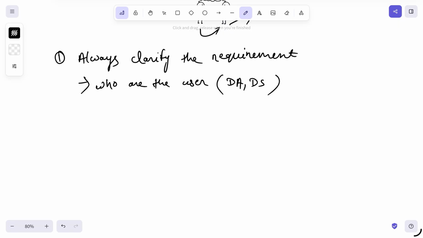The next question you can ask is, what is the use case? Whether you are creating a system for fraud detection, or for something like a Netflix recommendation system.